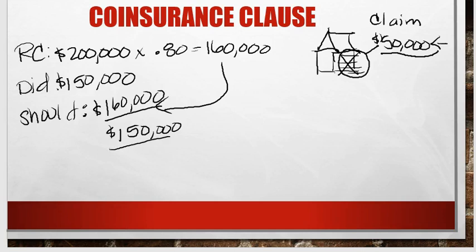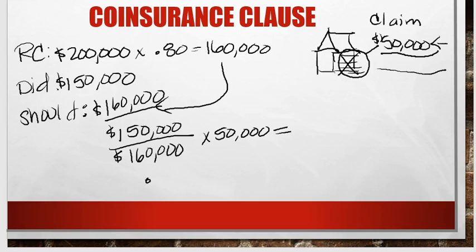We should have insured it for $160,000 times the claim of $50,000. Excuse my handwriting. So 150,000 divided by 160,000 comes out to 0.9375 times the $50,000 claim.